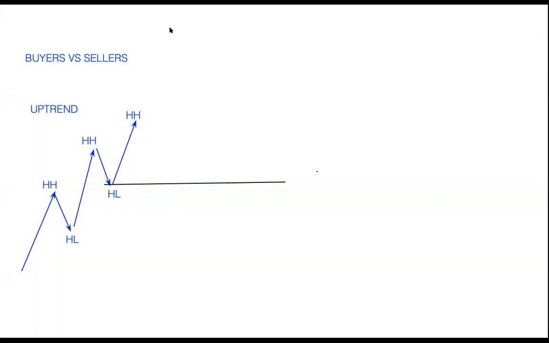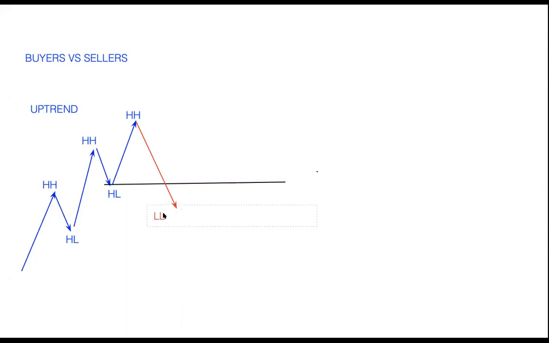So now, what is a downtrend? How does the market become a downtrend? The way a market becomes a downtrend is simple. We had our higher high, but now instead of respecting that previous higher low point, we're going to break that point to make a lower low.